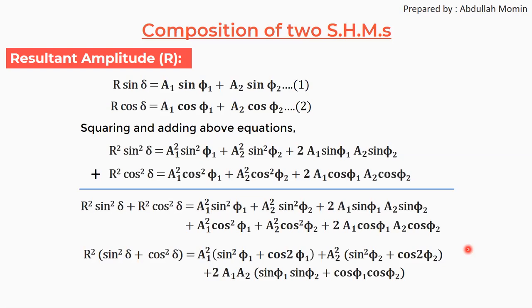Now r from the left hand side of the equation is taken as common, and we will write r square into sine square delta plus cos square delta is equal to a1 square is taken common, we will get sine square phi 1 plus cos square phi 1, plus a2 square sine square phi 2 plus cos square phi 2, plus 2a1 a2 sine phi 1 sine phi 2 plus cos phi 1 cos phi 2.